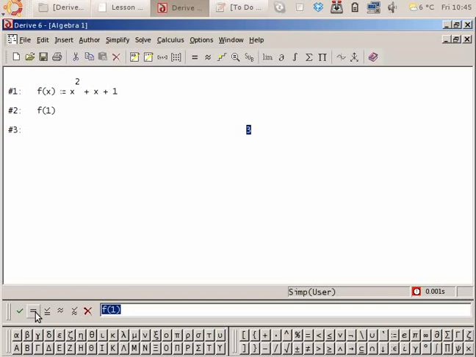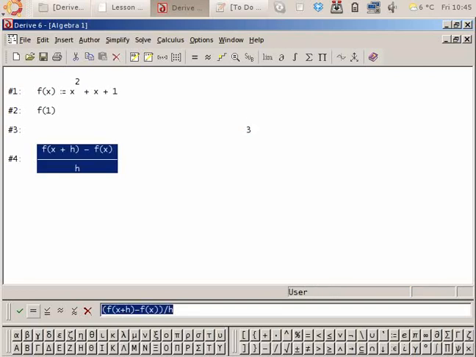Now, you can see that's convenient when you have to use a function a lot of times. So here, f of x will stay like this for the rest of the program. As long as Derive is open, every time you use f now, it will use this function. So it's being defined. For example, do you remember we had to do f of x plus h minus f of x all over h?